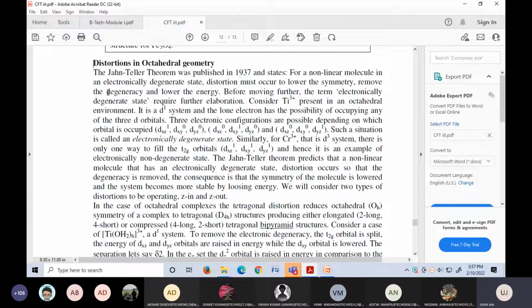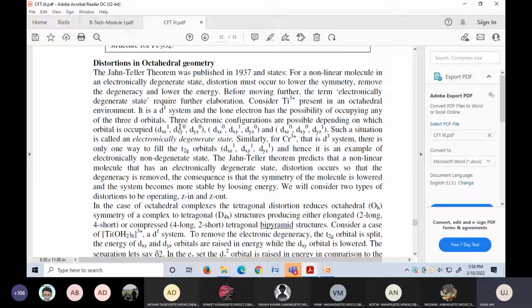It is a system where T2g is triply degenerate, and you have a double degeneracy in eg and a triple degeneracy in t2g. We say that, but here what is going to happen? The degeneracy gets lost. It is a misnomer when we put it like this. For a nonlinear molecule in an electronically degenerate state, the degeneracy does not stay.